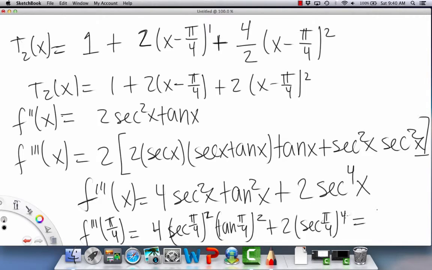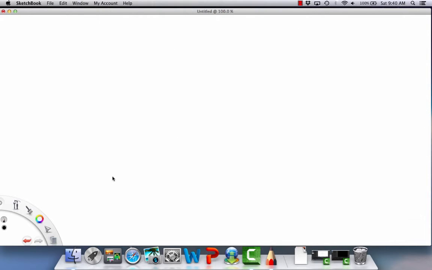That's 4 times 2, which is 8, times 1, so 8, plus 2 times secant pi over 4 to the fourth. Secant pi over 4 is root 2, and root 2 to the fourth is 4, times 2 is another 8. So this is going to be 16. That's what f triple prime of a is, 16.